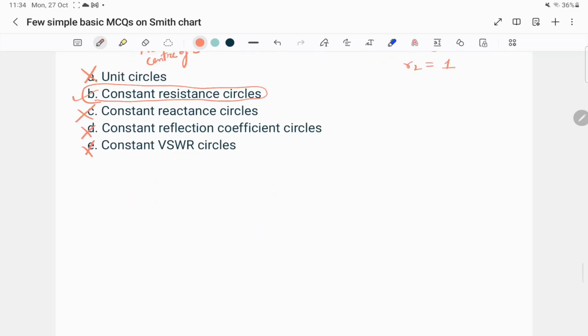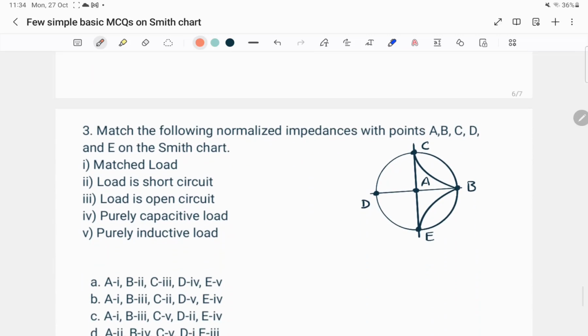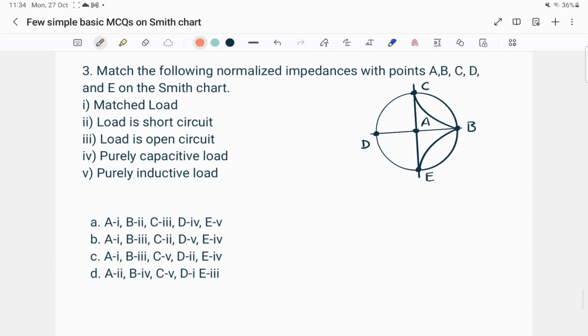Okay, all right. So I have one more question for you. I am not going to solve this question for you. I am pretty sure that after watching this lecture, you will be easily able to solve it. Let me read this question out. The question says, match the following normalized impedances with points A, B, C, D and E on the Smith chart.